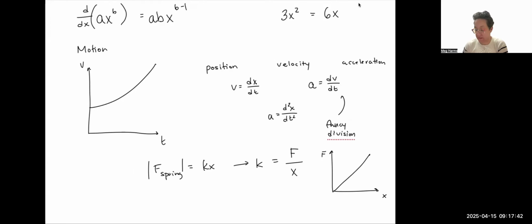Now, most of the time with ideal springs, those are going to be linear. So it's really a slope, not so much as advanced as a derivative. But it could be, right? So basically anything you can write as one thing divided by another, you could think of as a derivative of this thing with respect to that thing.